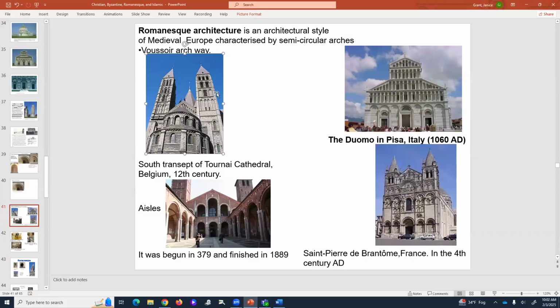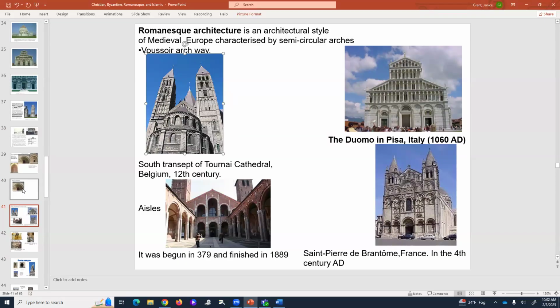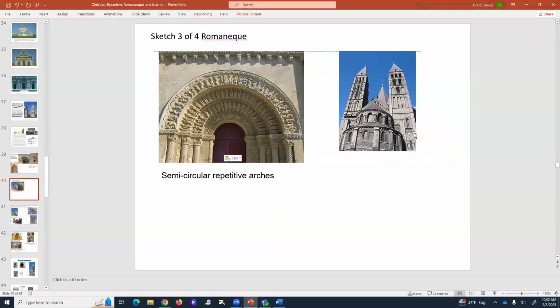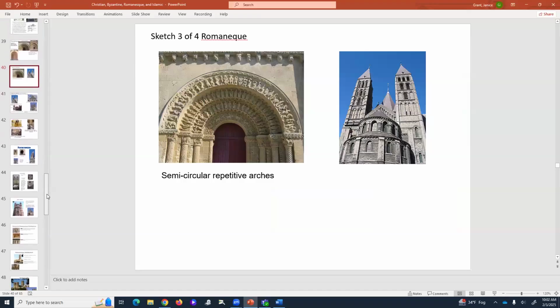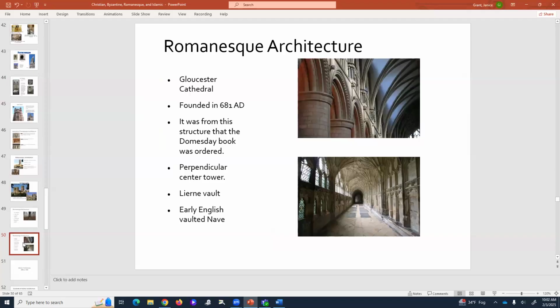This is a really good example of the two towers. So we're just going to put this one over here. And like I said, it doesn't have to be exact. It's more about representing the elements. That's what I called it anyway. The towers.